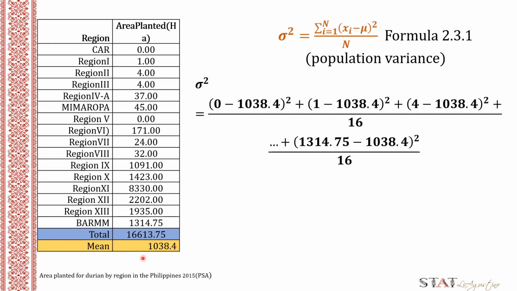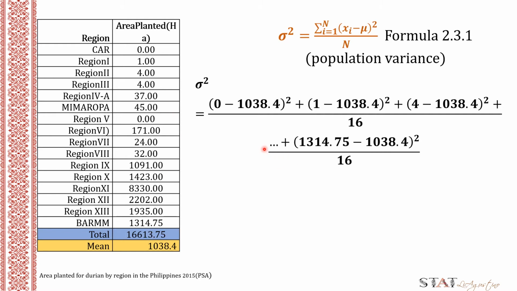So where do we get that population mean? Here in our computation, 1038.4, open close parenthesis, square it, and then plus, since you can see here the summation notation that we've learned in module 1, and then 1 because region 1 has only 1 hectare, minus our population mean, and then square, and then 4 because region 2 is 4 hectares, subtract our mean, and so on and so forth until we finish all the regions.